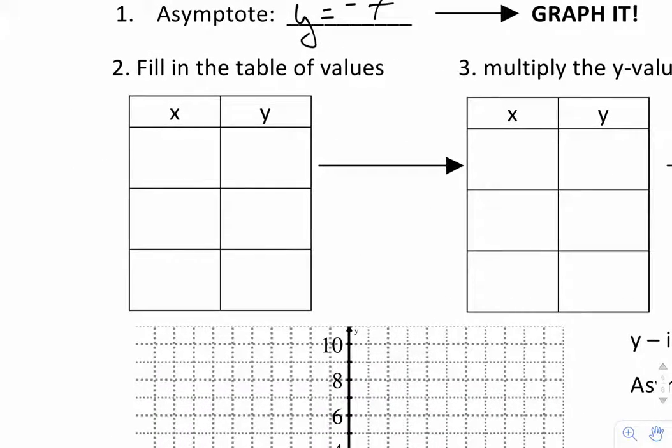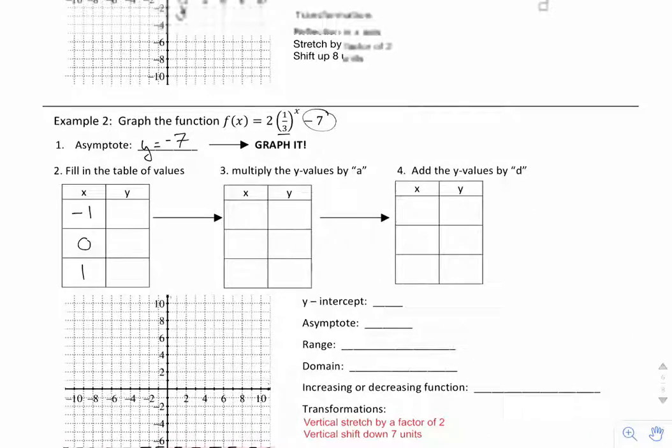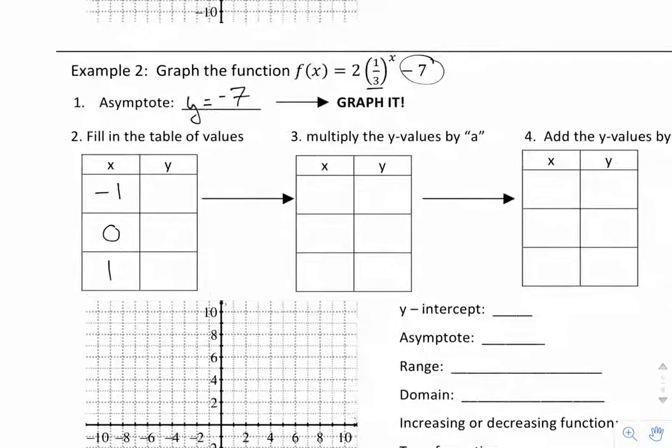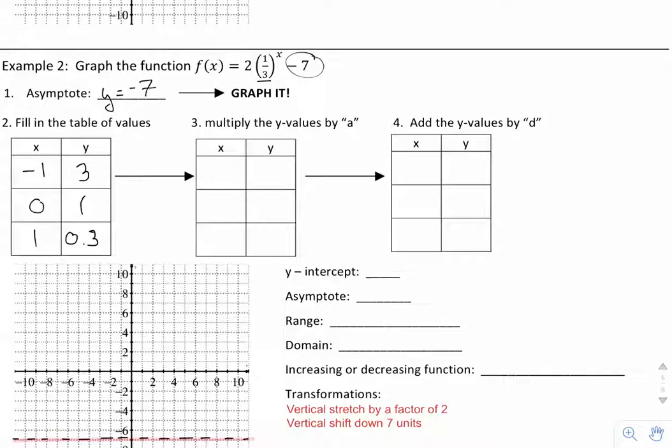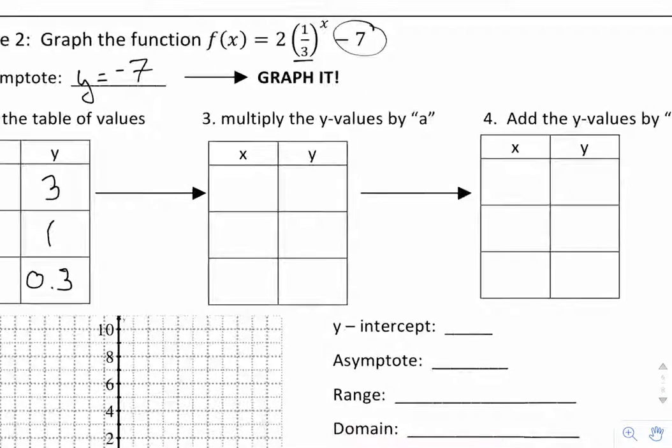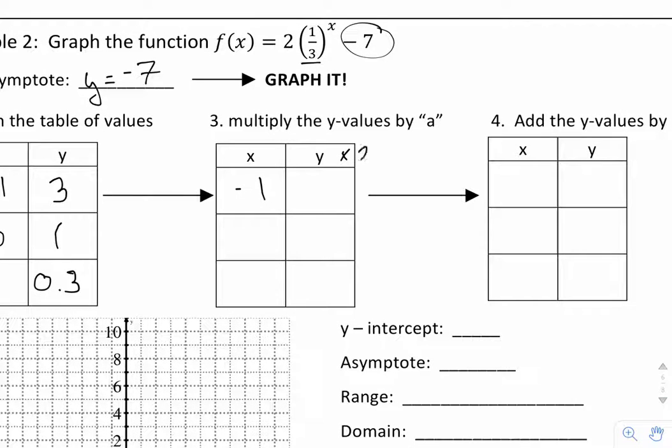My x values are -1, 0, and 1. And my y values for a third are going to be 3, 1, and 0.3 repeating. So next, I multiply my y values by a. So I'm going to get, that's multiplying everything by 2.